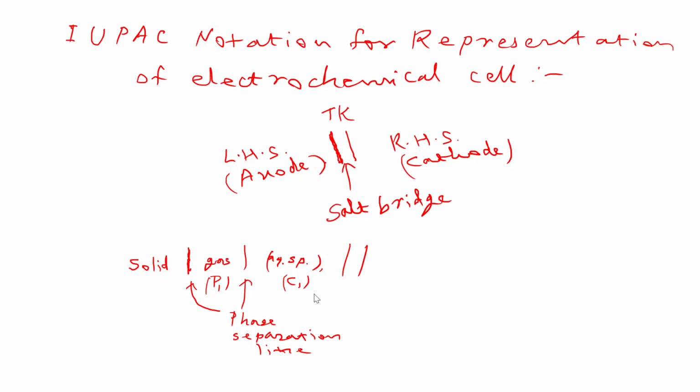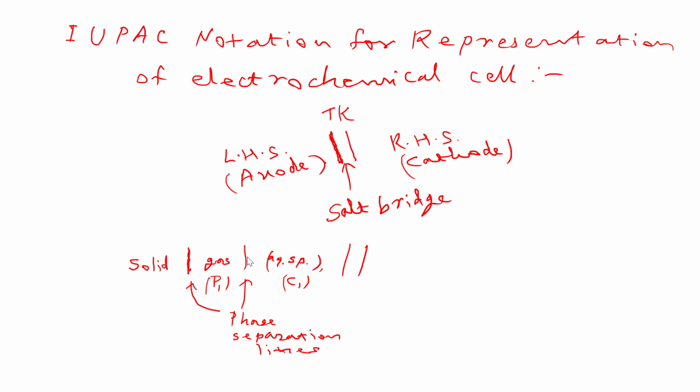So at the end point we mention the solid. You got it? So these both are phase separation lines. Now why do we call this line a phase separation line? This phase is solid, this is gas, so this line separates two different physical states, or different physical phases.